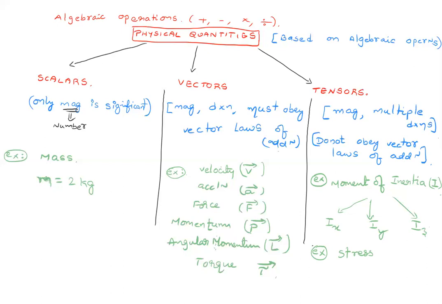Each thing will be defined later, but for clarity's sake I am listing this. These are the fundamental quantities that you have here. Now you can take the screenshot. This is another type of classification.